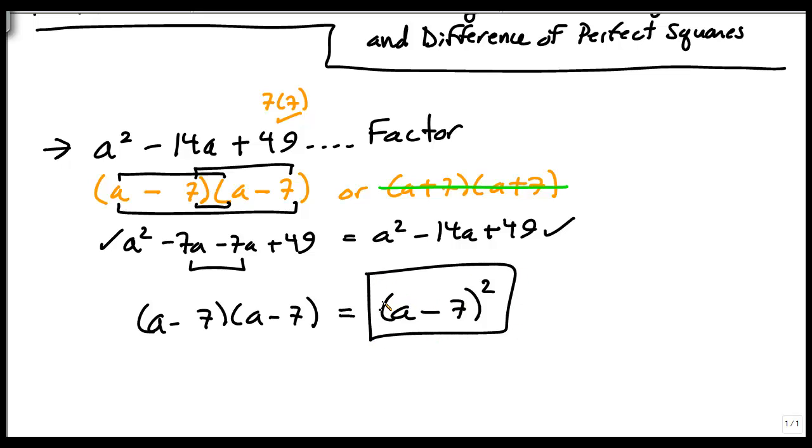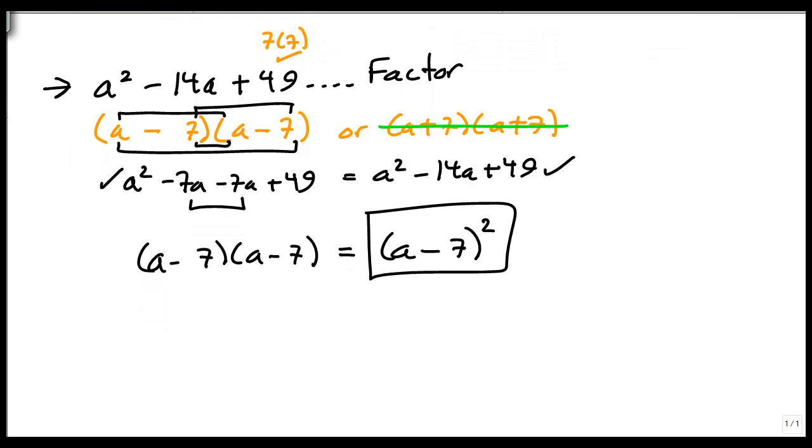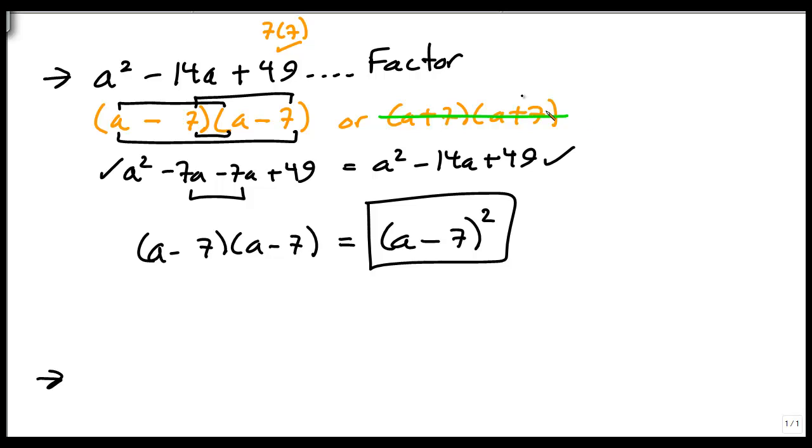Also notice that it's the entire quantity that's squared, not just the a and not just the 7. So the rule is this: if you see a perfect square in a trinomial, try to use that shortcut to your advantage to find a quick way to factor. Now again, you can still use the AC method.